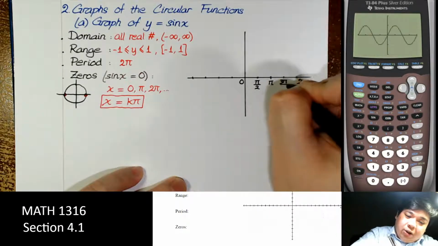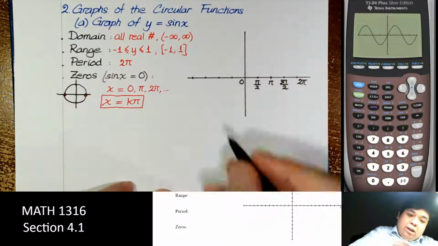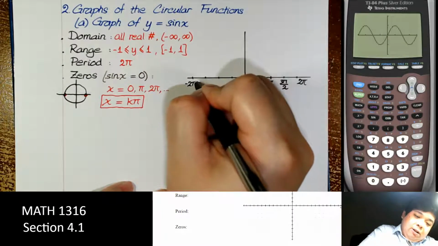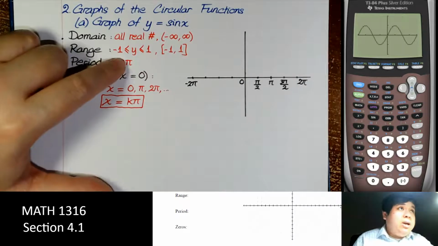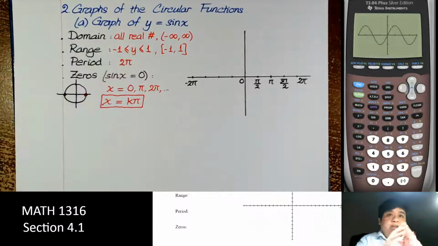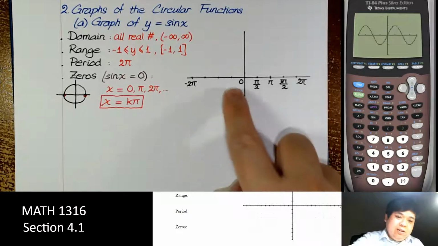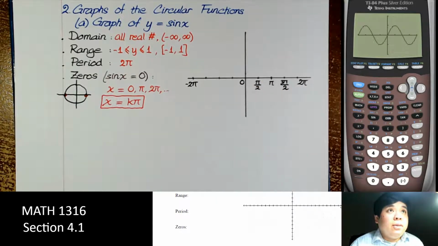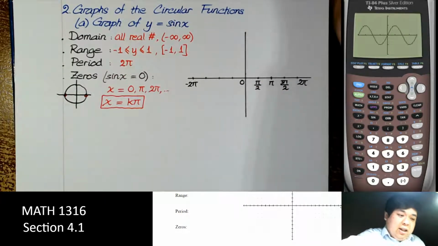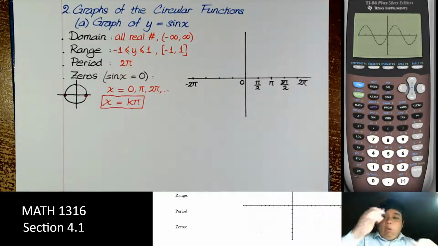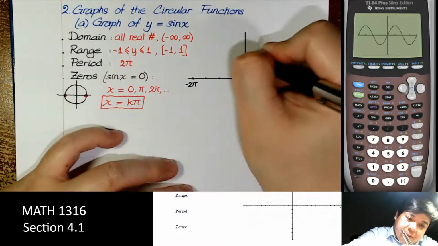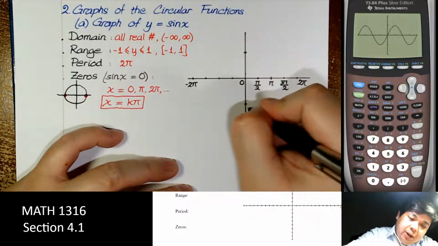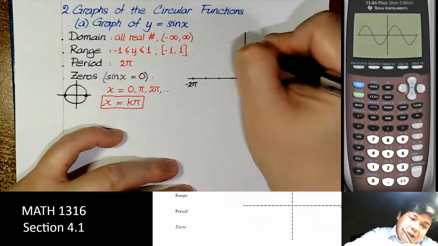And then 3 pi over 2. And then there will be -2 pi. So always look at the period and then divide into 4 equal segments. Right? And then for the range, go from -1 to 1.